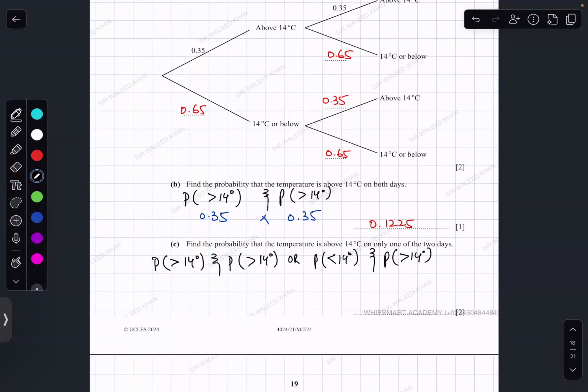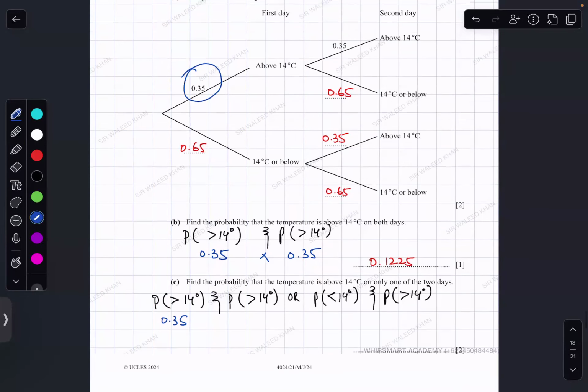So, you have two conditions. So, we have greater than 14 degrees, 0.35. And the second is below, 0.65. One is this condition, or, less than 14, 0.65 times greater than 14, 0.35.